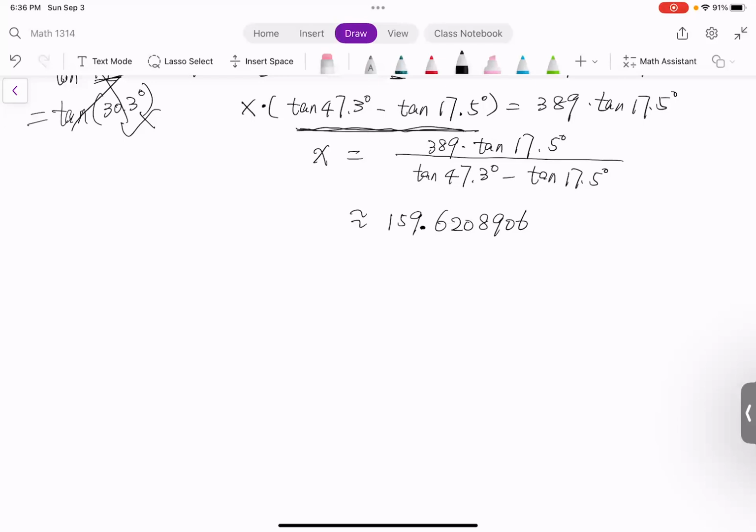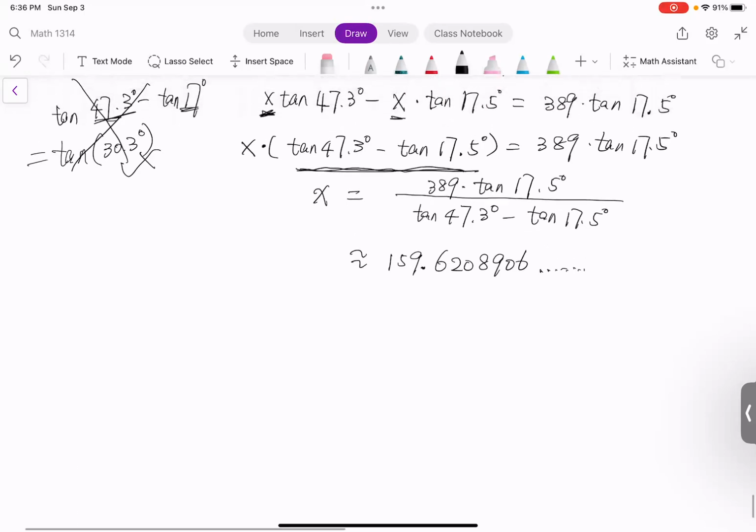I'm not solving for x. If I round like this, maybe I will not have the accurate solution. So keep as many digits as you can. Then plug it into the equation to find h.